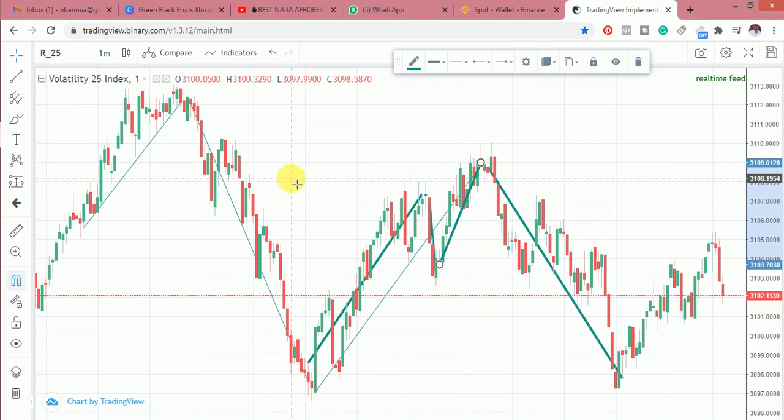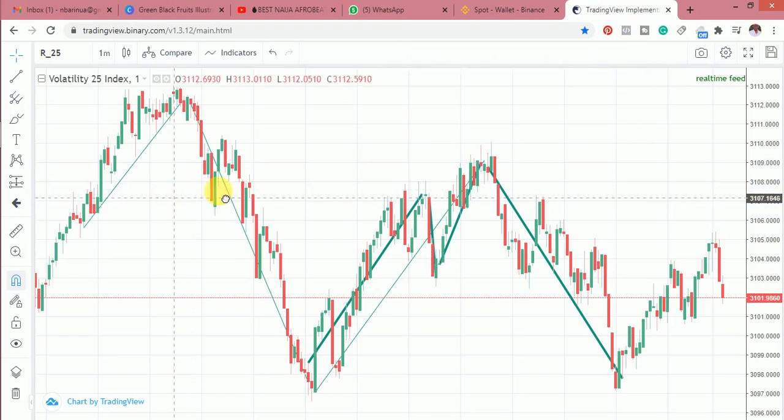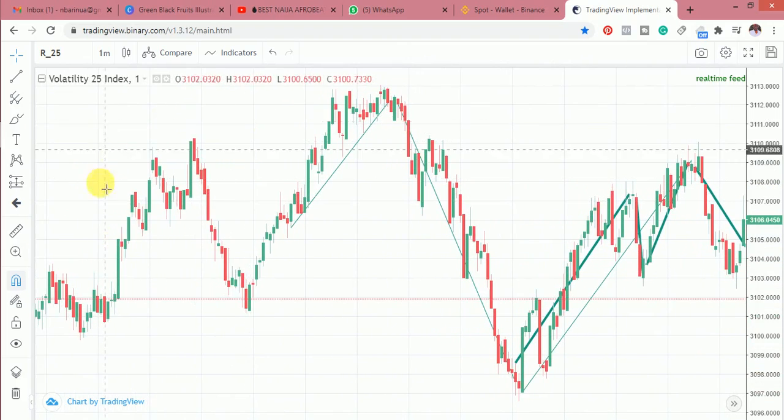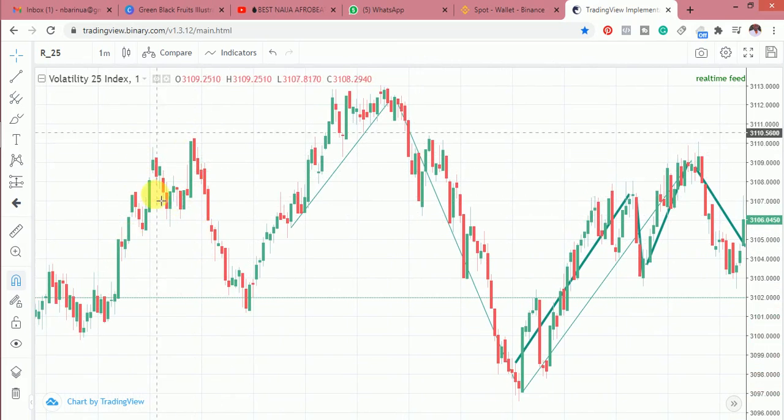And when you talk about the M strategy, what you are considering is a sell trade that you want to place. And if you want to place a sell trade, you're looking out for the M strategy, which often comes out within the chart as it progresses. You can see here it's also out here.